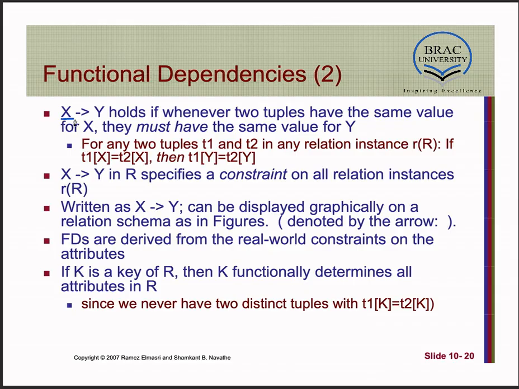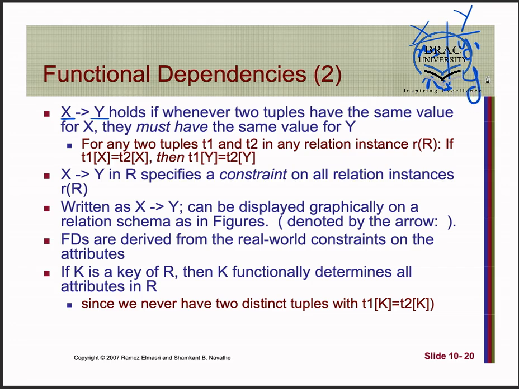Whenever we say that X determines Y, it means that if in a table we have two columns X and Y, or set of columns X and set of columns Y, and in any row I have value x1 and let's say the value for Y is y1, then if the value of X repeats anywhere here, let's say I have a lot of values for X and then somewhere I have again x1, in that case the value of Y should also be y1.